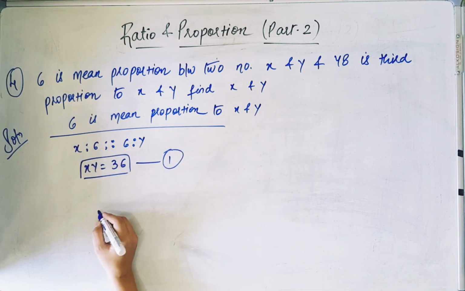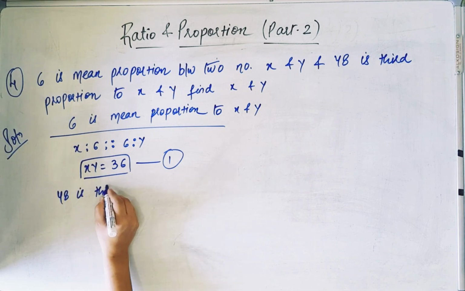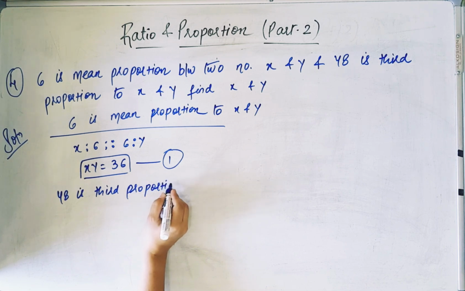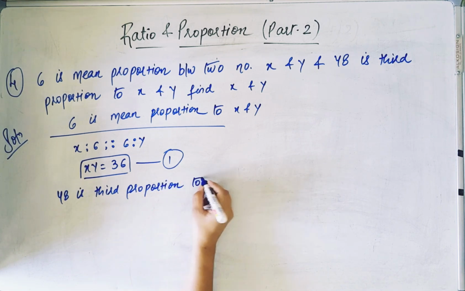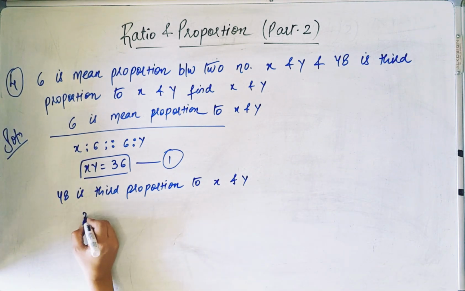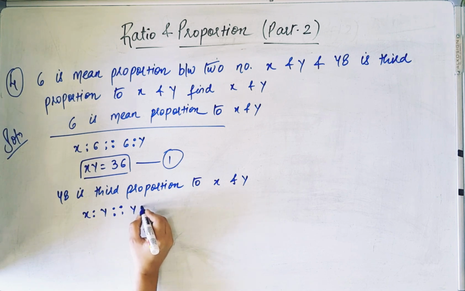This is first equation. Now they have given 48 is third proportion to x and y. 48 अगर third proportion है तो obviously जो middle वाला proportion है वो repeat होगा, continued है ना.